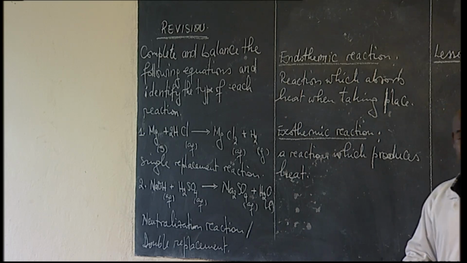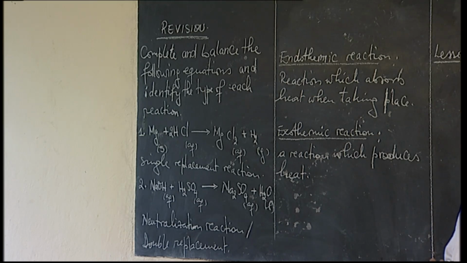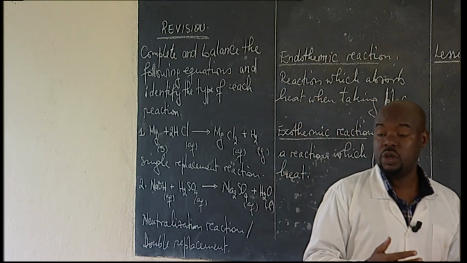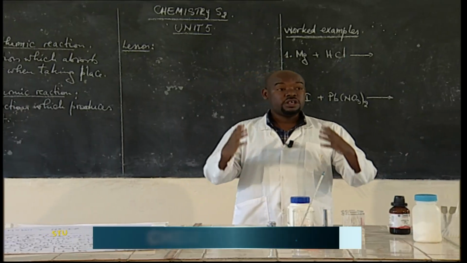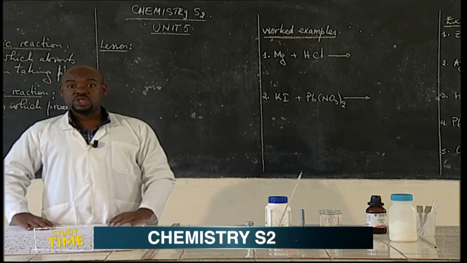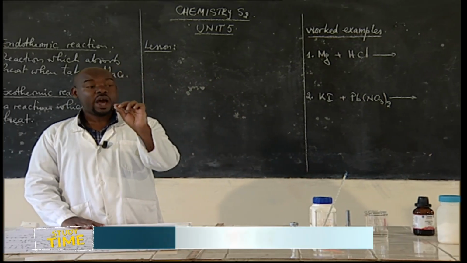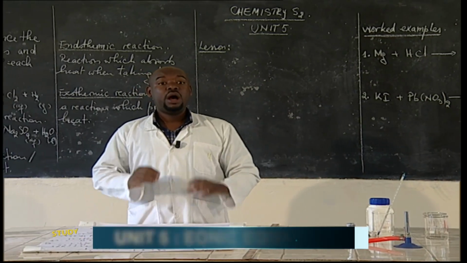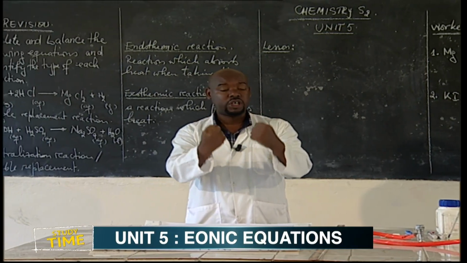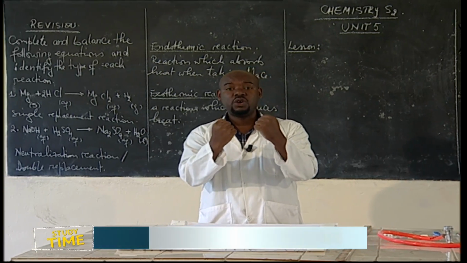Now, we know different types of reactions, and one of the classifications we have here, the new classification, is exothermic and endothermic reactions. I want to tell you something. We have been writing equations in the molecular form. We use whole molecules, the compounds in the whole form.